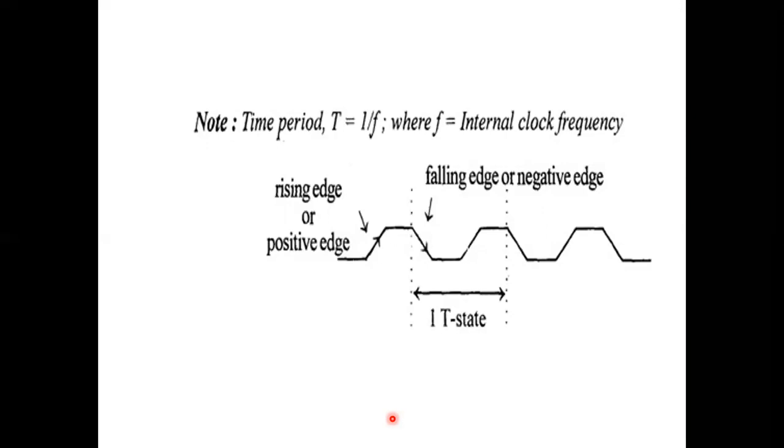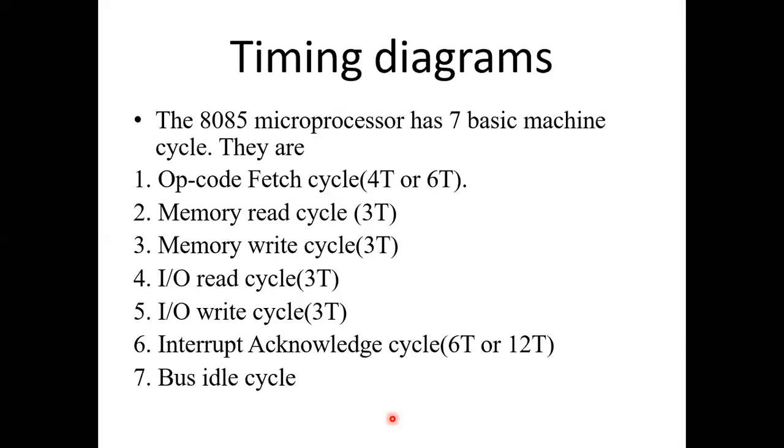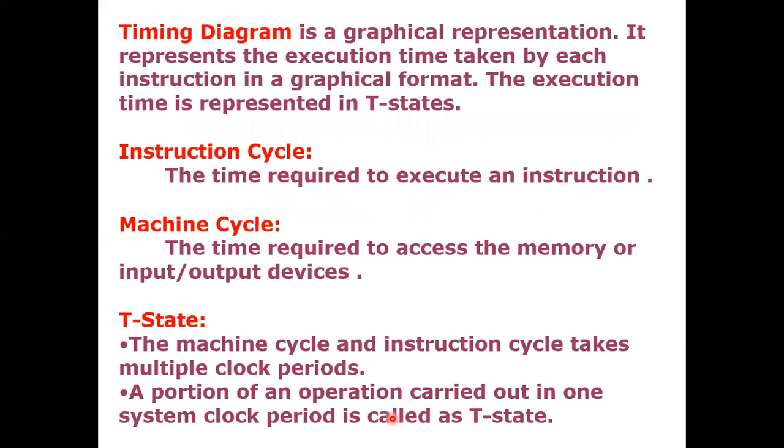It is done by the different cycles. Mainly we have to know what cycles are available, so what is instruction cycle, what is machine cycle, and what is T state, like that we can define. You got it?